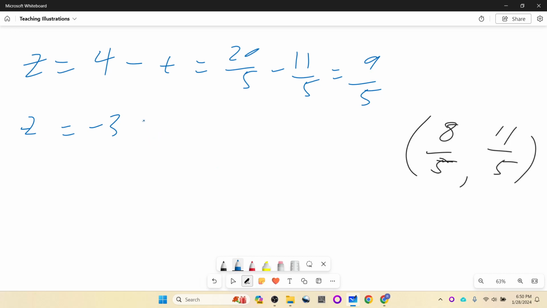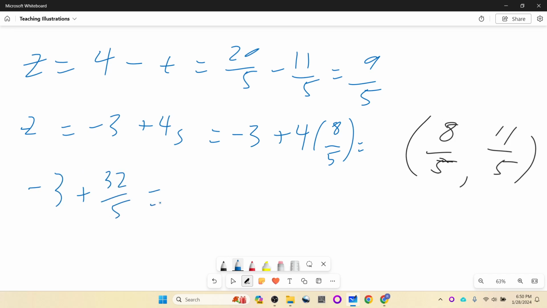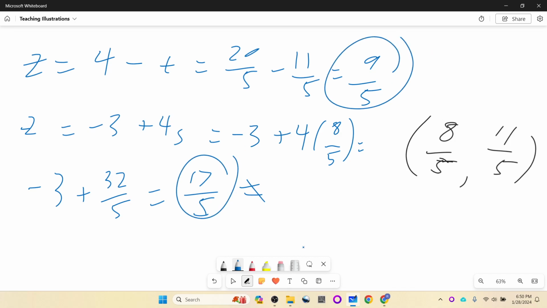Negative 3 plus 4 times 8 over 5 is negative 3 plus 32 over 5, which is 17 over 5. Well, those are not equal. 17 over 5 and 9 over 5 are not equal. So therefore, these are skew lines.